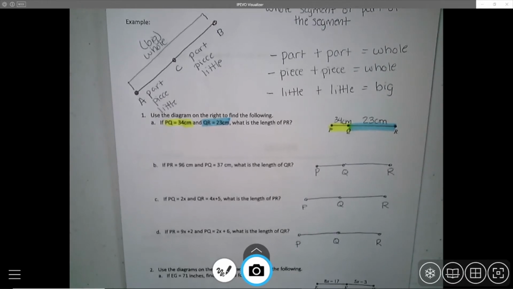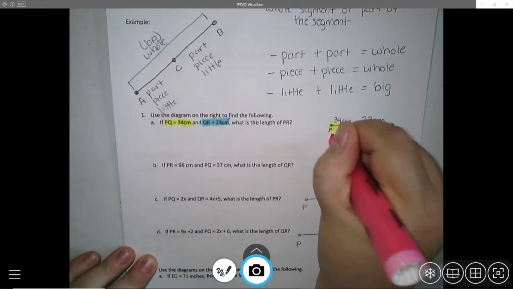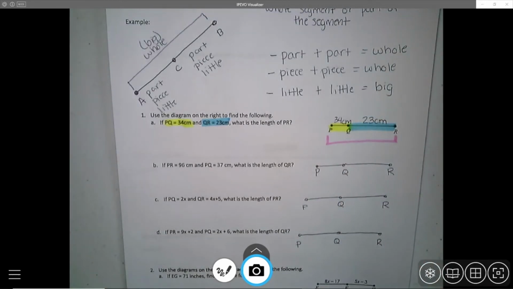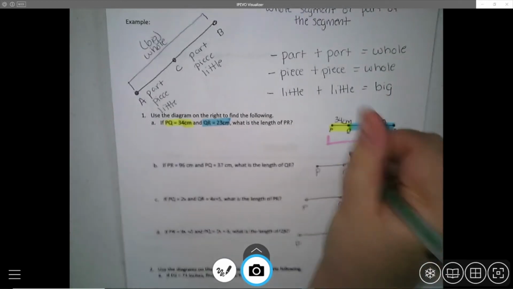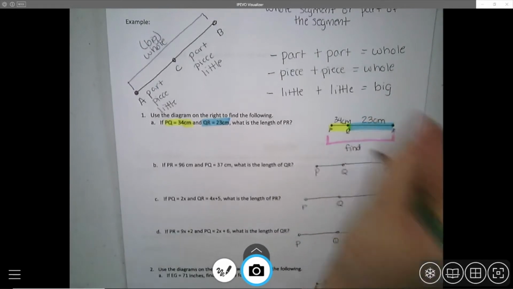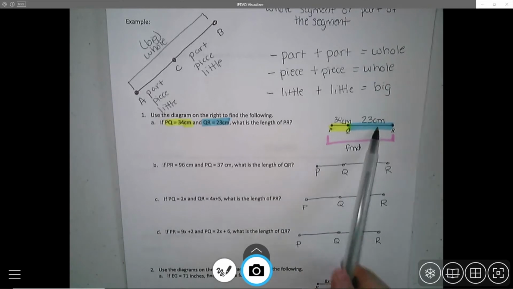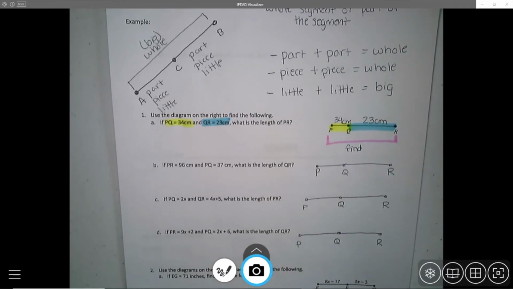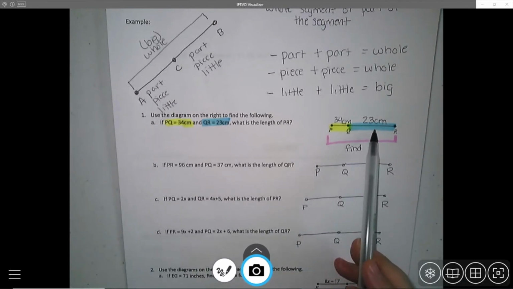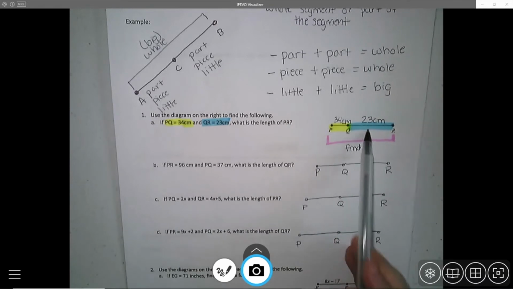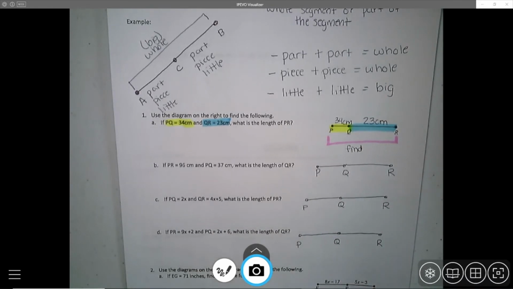If I think about this, P to R is right there. This is what they want me to find, and I'm going to write the word find. If I think back up here, piece plus piece equals the whole thing. Your whole thing will always have this bracket. Little plus little equals big. Part plus part equals whole. Piece plus piece equals whole. Either way works.